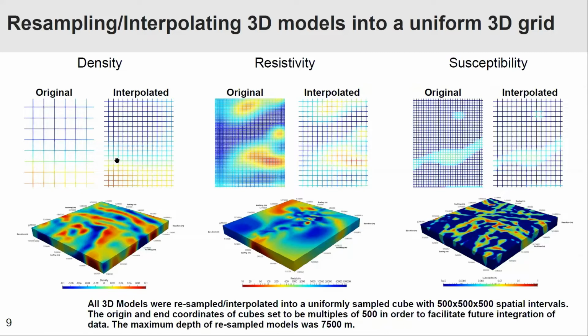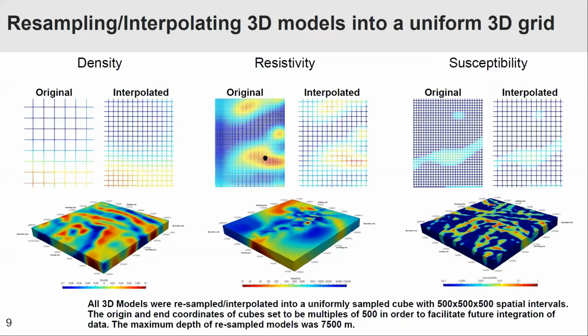I picked all these models to be on a 500 meter by 500 meter grid, which means my horizontal X, Y are all 500 meter intervals, and my vertical depth sampling is also 500 meters. This was chosen after several trial and error attempts, and I find 500 meters to be the most representative of our models. Doing that, I generate this interpolated density model, the 3D model that I will have here.